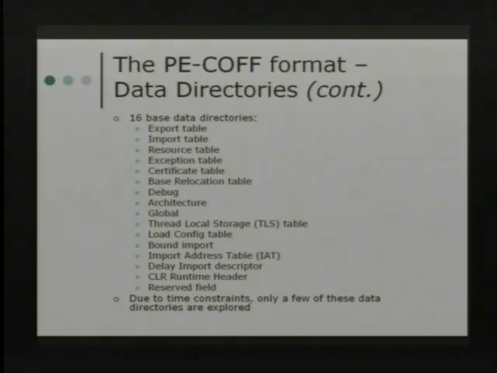You can see them all there. The only things I'm really dealing with at the moment are the export table, import table, and address table, and I believe that's it at the moment. That provides real basic information about what the program actually exports, if it's a DLL, or imports otherwise, or both.